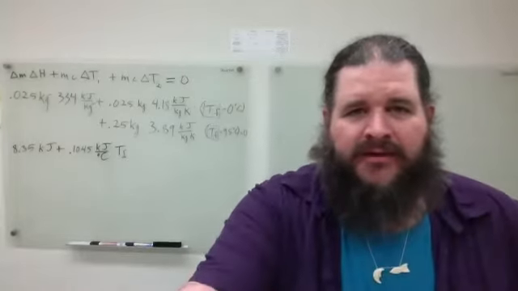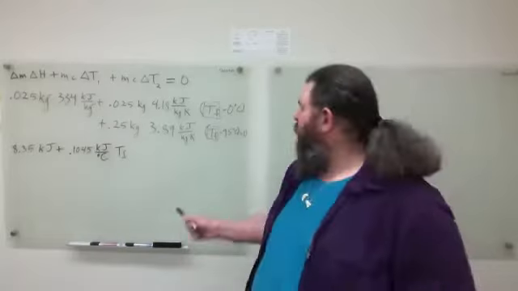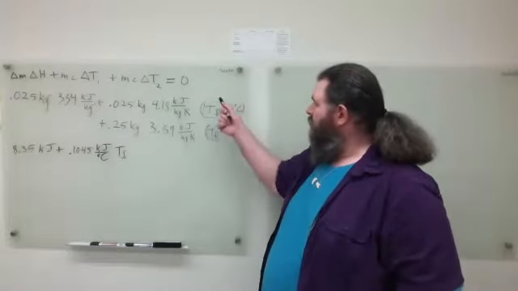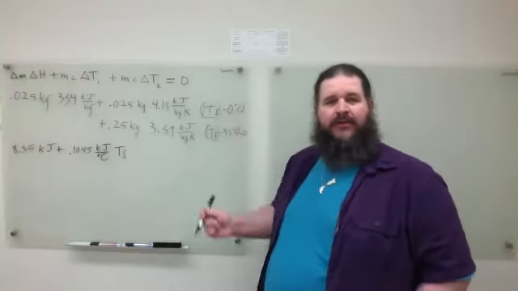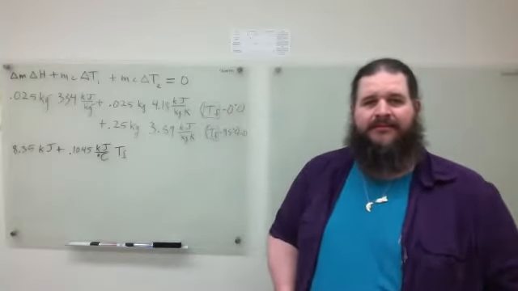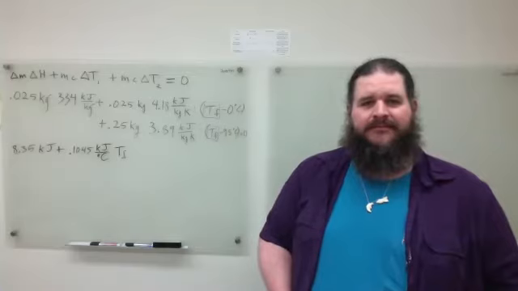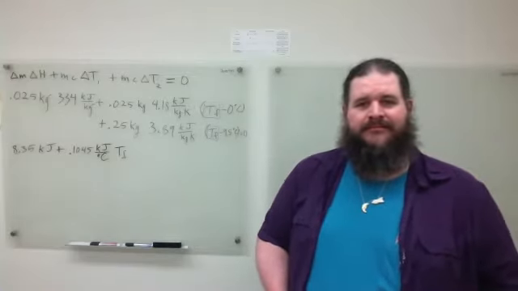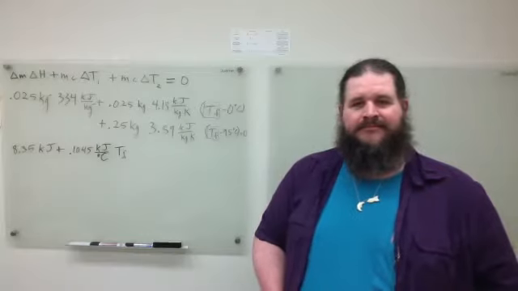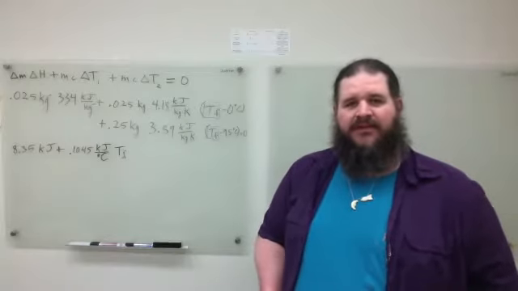Yeah, you'd have to add 273. But if you're adding 273 to both of these, what's going to happen to those 273s when you subtract? Yeah, it's going to be the same anyway.